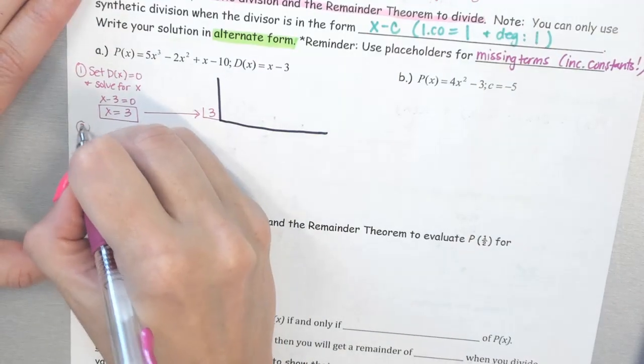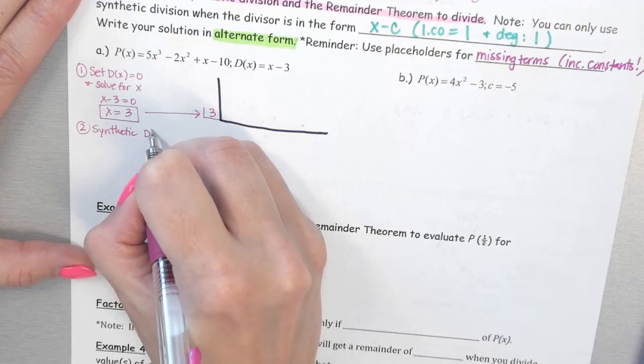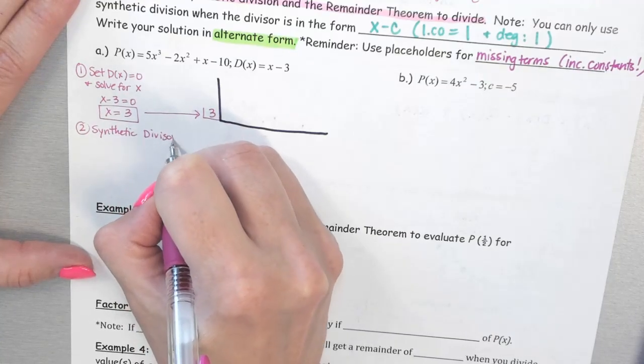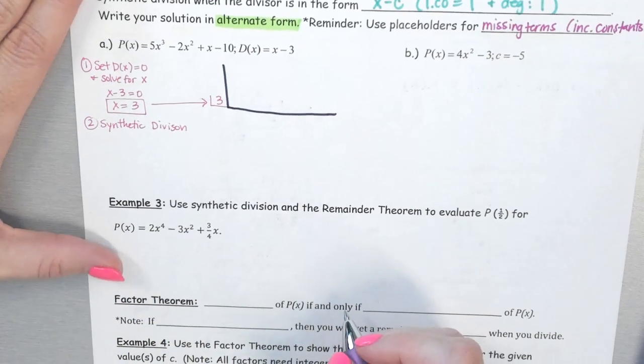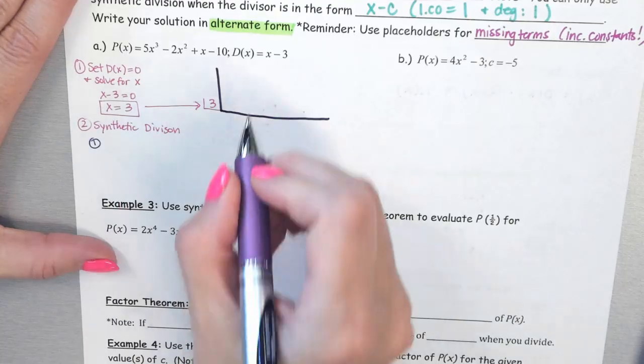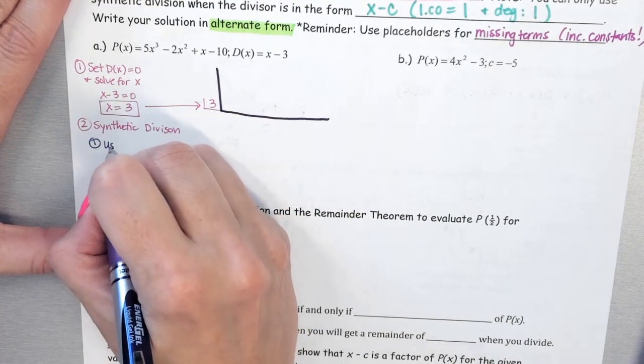Okay, and then we're going to do synthetic division. If you've done this before, I'm confident it will come back to you. If you haven't, we are going to write down the steps. The first thing we have to do is write down the coefficients of p of x.